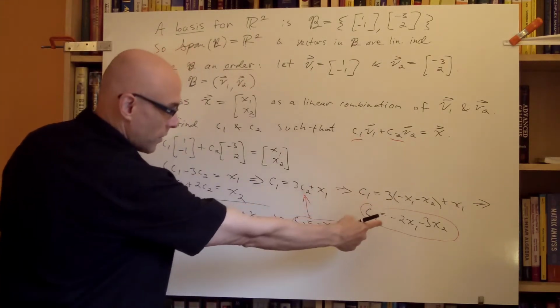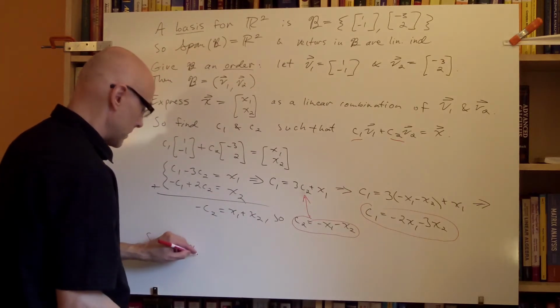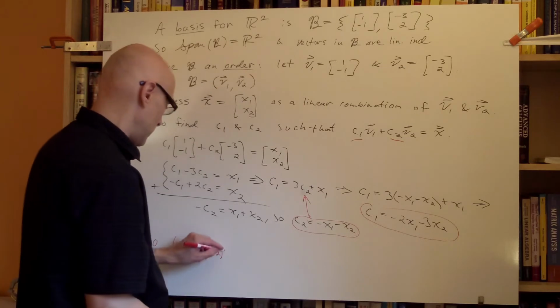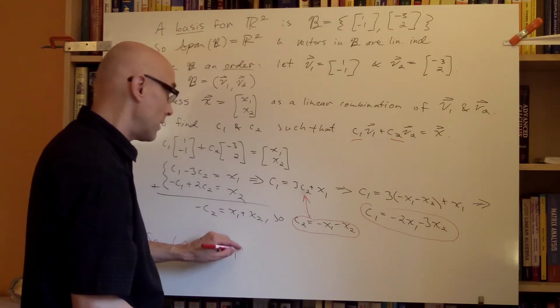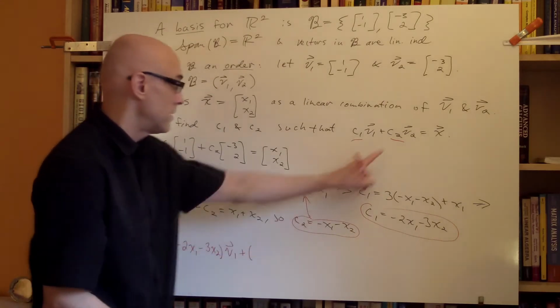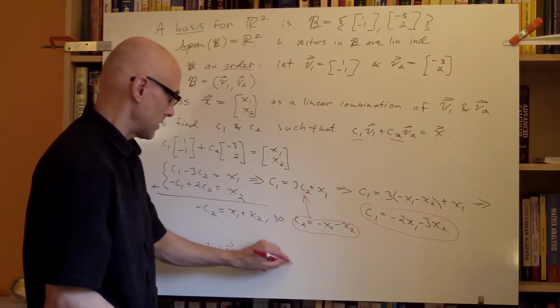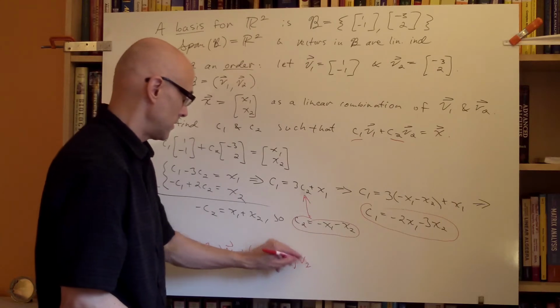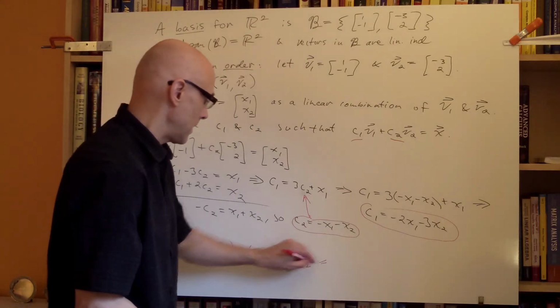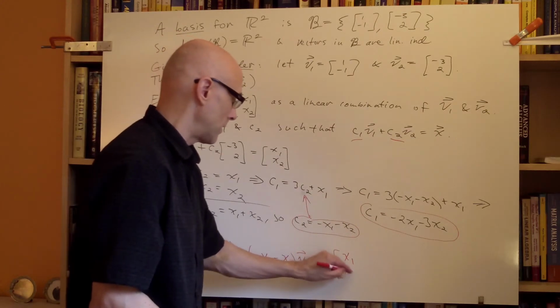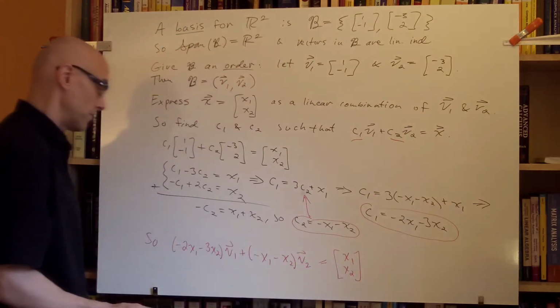C1 V1, where C1 is negative 2x1 minus 3x2, times V1, plus C2 V2, C2 being negative x1 minus x2, times V2. Okay, well that equals our vector x, which is (x1, x2).